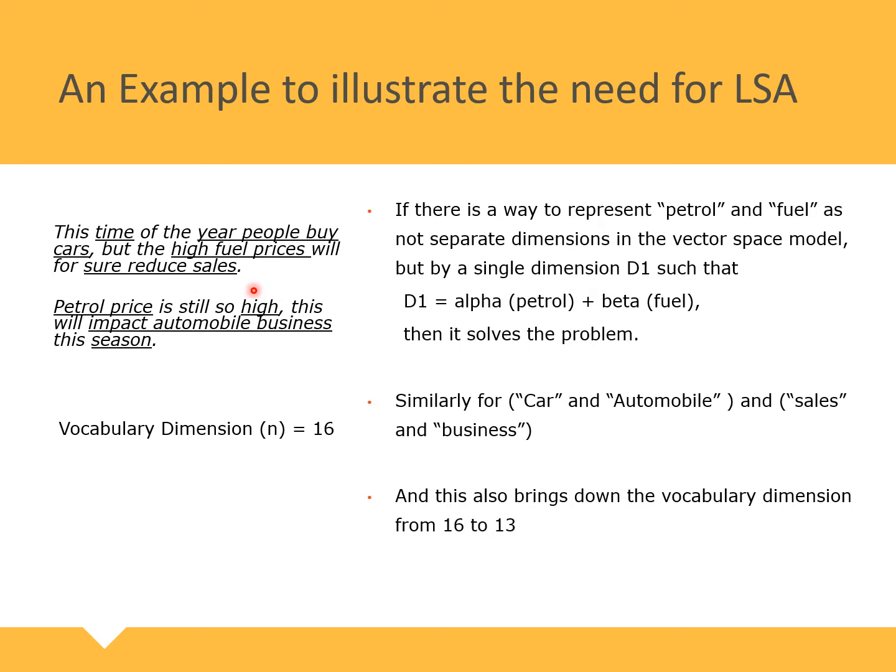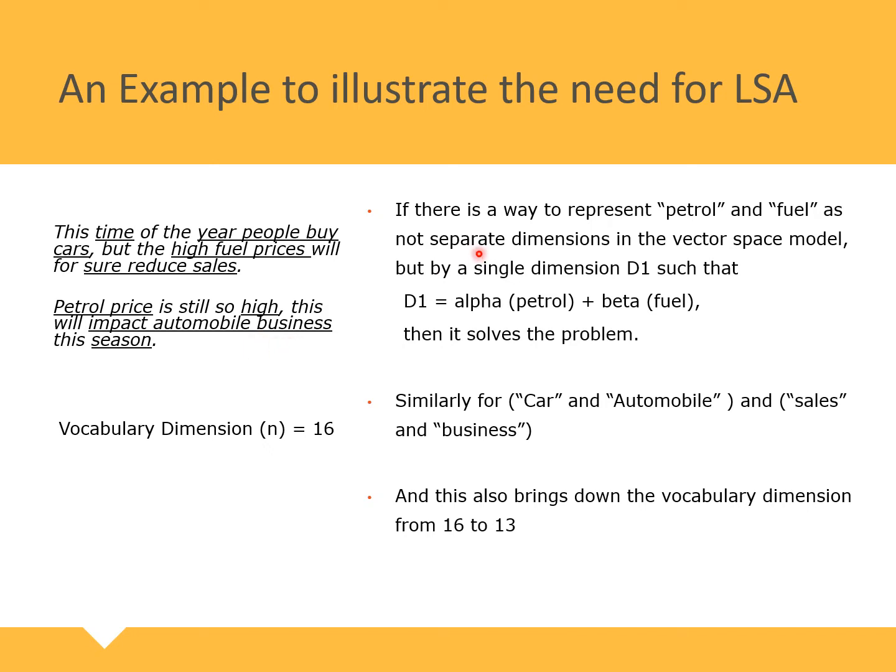In one of the sentences, somebody is calling it fuel, in the second sentence, the person is describing that as petrol. Then automobile and car are pretty much the same thing, but expressed in different terms. And again, sales and business, pretty much having the same semantic meaning, but expressed in a different way.